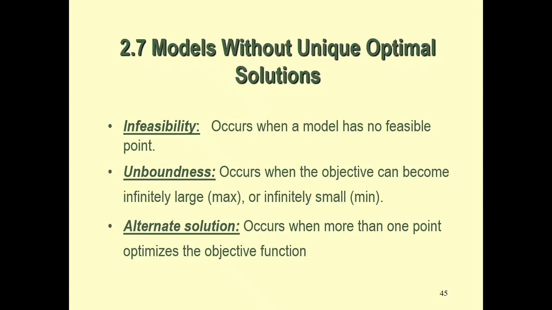And we're going to talk more about this next week, but the third thing is you might find alternate optimal solutions. And what I mean by that is, if you think about it, I'm trying to draw, that's a pretty bad drawing of our feasible region, right? And my profit line maybe had this slope, and I'm pushing it out, and I said, hey, this is the last point it touches.